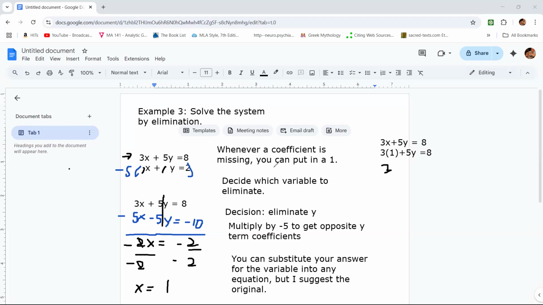And let me just erase this. Okay. So now I have 3 plus 5y equals 8.